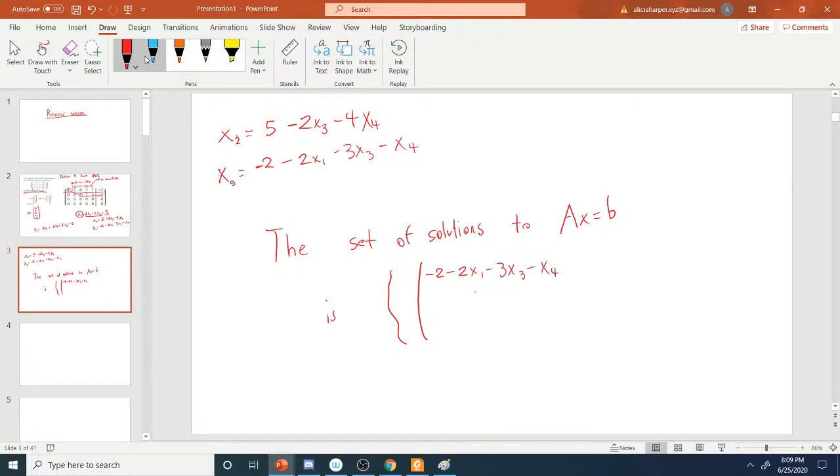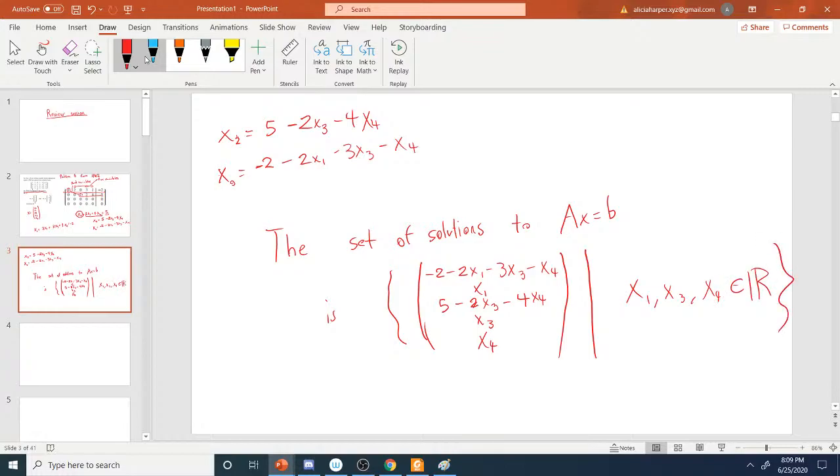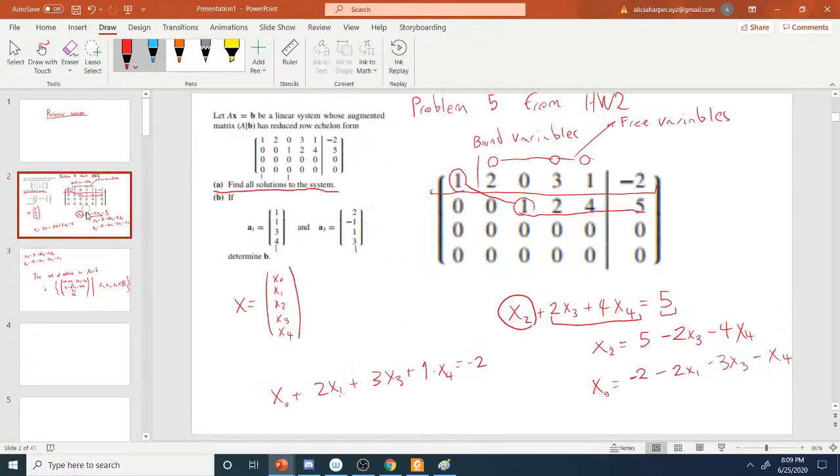The second component will just be x1, and then x2 will be 5 minus 2x3 minus 4x4. And then we'll have x3 and x4. And here we're allowing x1, x3, and x4 to be any real numbers we choose. So this completes part A of the problem, and it gives a complete description of solutions to this linear system.